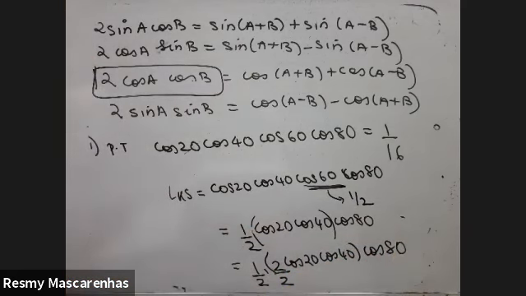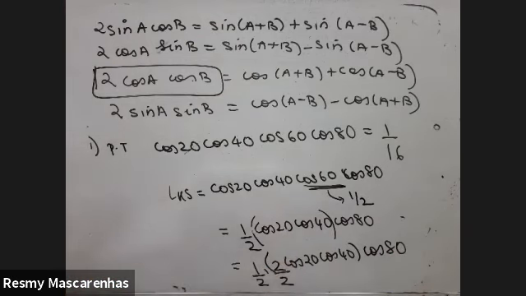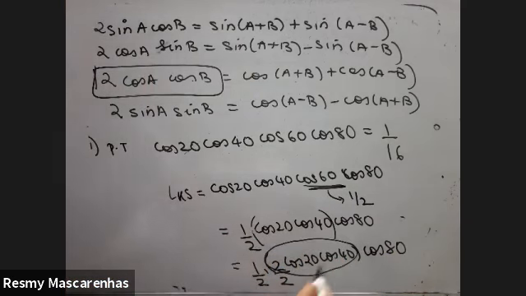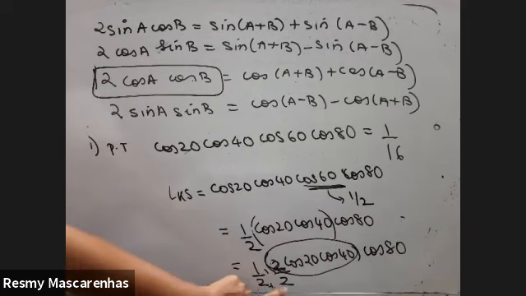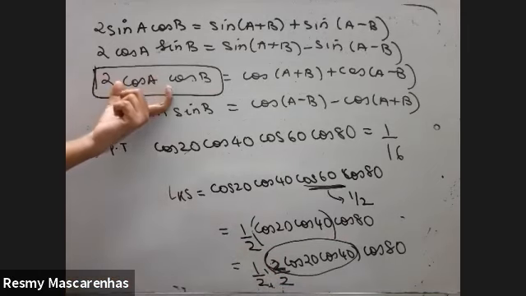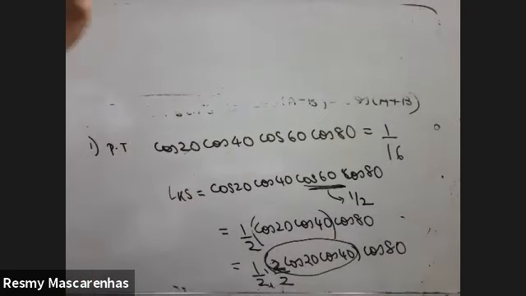If you are not understanding, then ask. 2 cos 20 cos 40, this is exactly what I want. This 2 down was only used to balance it, so I can multiply it with the half over here. I got what I wanted. So in my next step 2 will go here, and this will become 1 by 4.